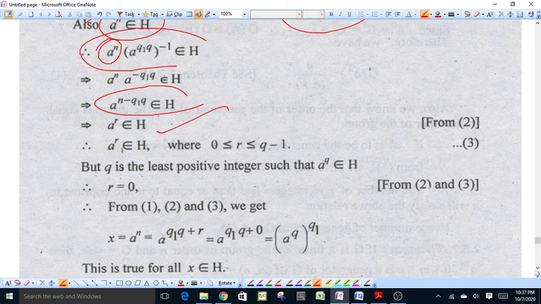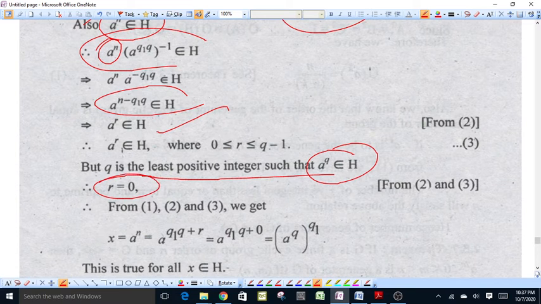But q is the least positive integer such that a raised to power q belongs to H. This means r must be equal to 0.